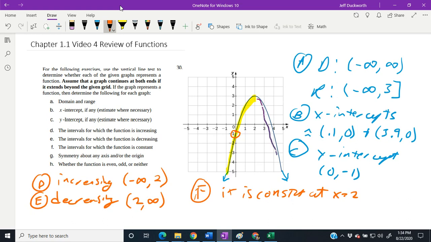Symmetry about the x-axis and or the origin. No. We don't have any symmetry if we can flop around that. Whether it's even, odd, or neither, it appears to be even. We have a quadratic. So this is an even function.